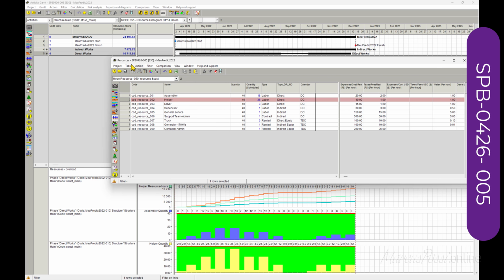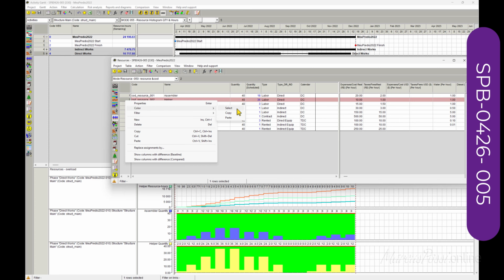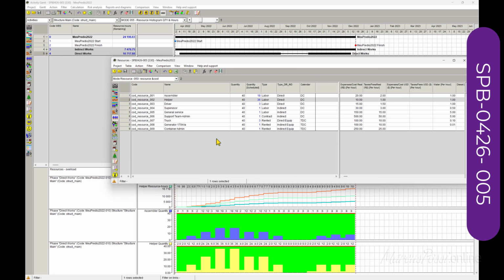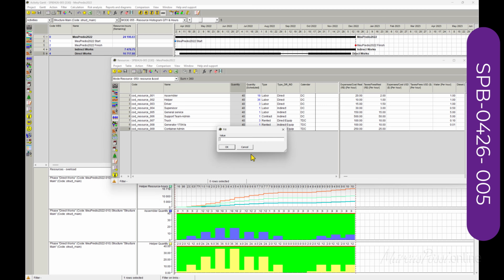View, no, table, action, filter. Oh my God, you may have colored it. Select default. Okay, now there is no over allocation. Imagine if you have the quantity of your resource at the level of 30.